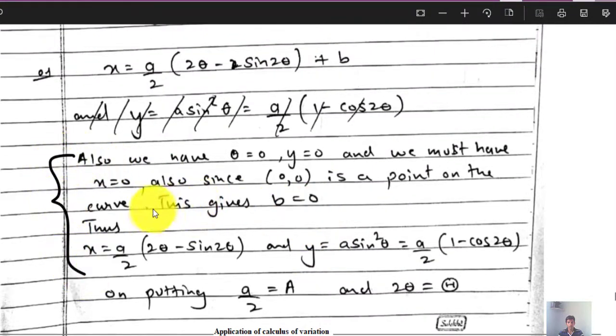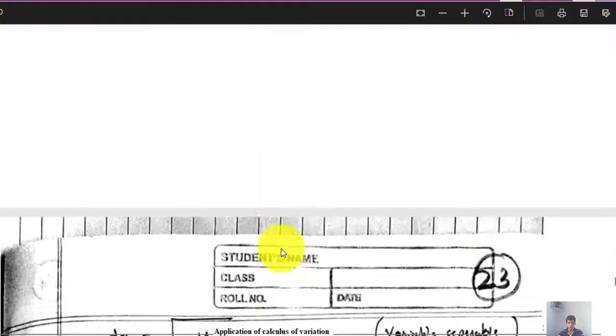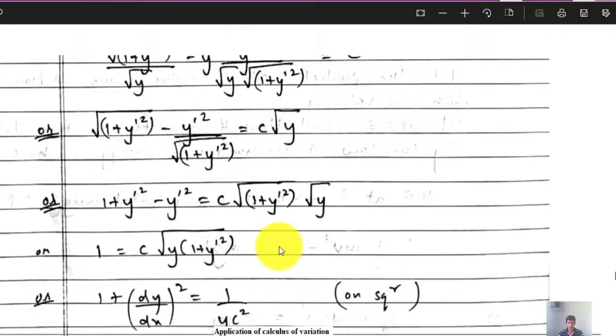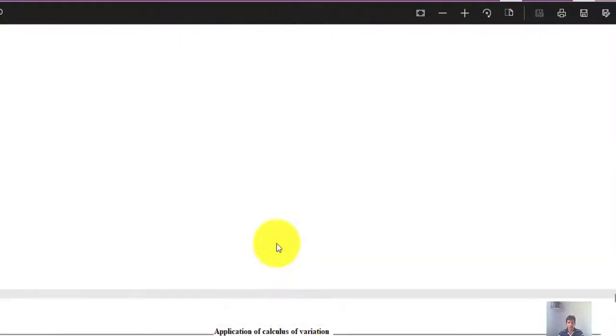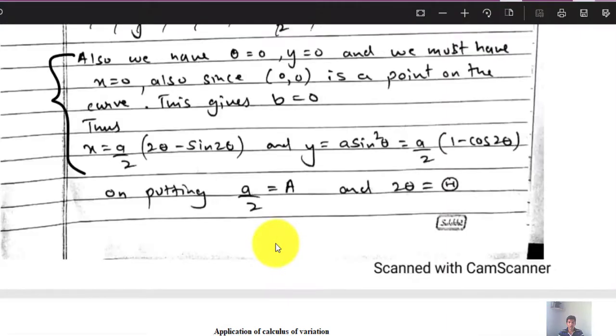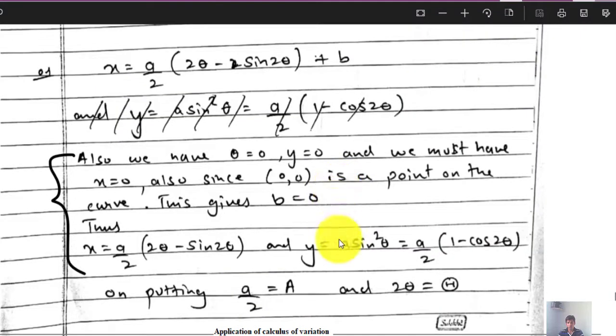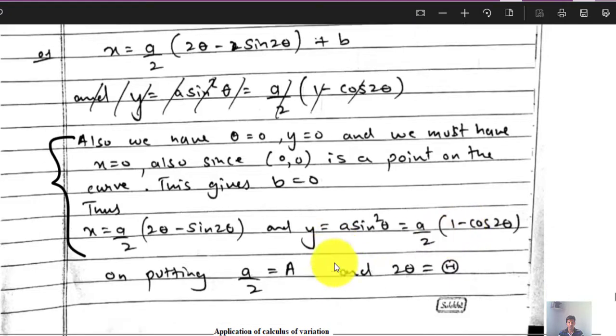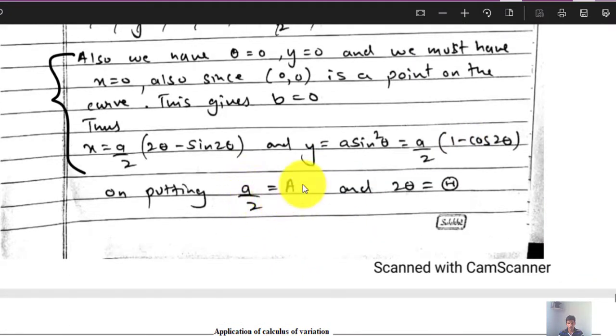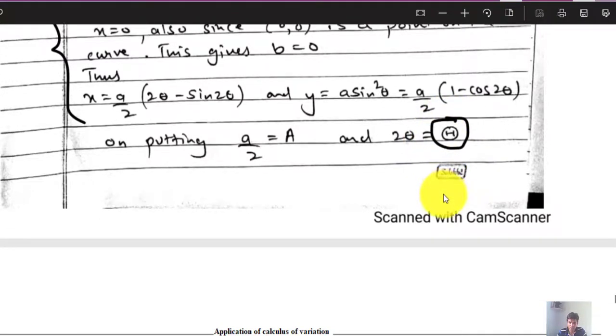Now thus x is equal to a by 2 times 2 theta minus sine 2 theta, and here somewhere it is y. So y is equal to what? y is equal to a sine square theta, which is equal to a by 2 times 1 minus cos 2 theta. Now if I put a by 2 equal to a and 2 theta equal to some notation, that is in terms of theta only, right?